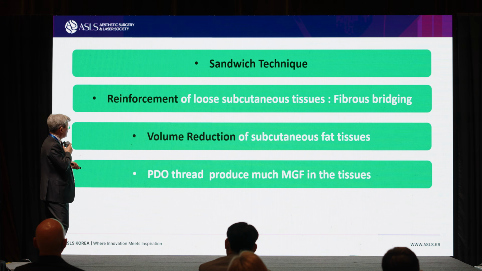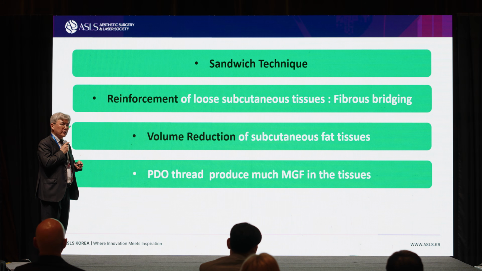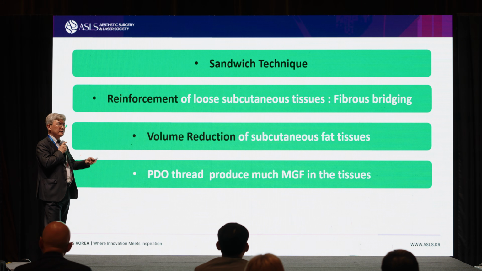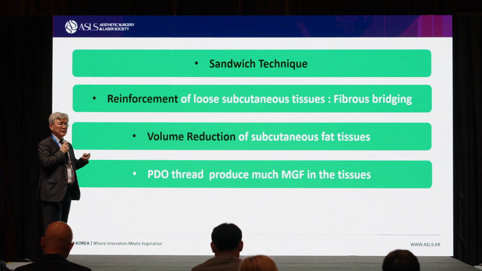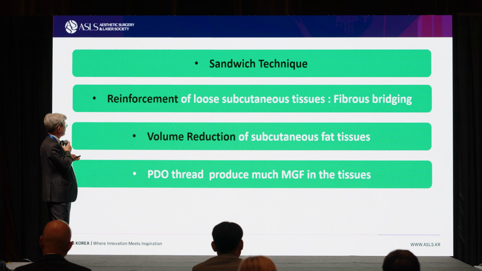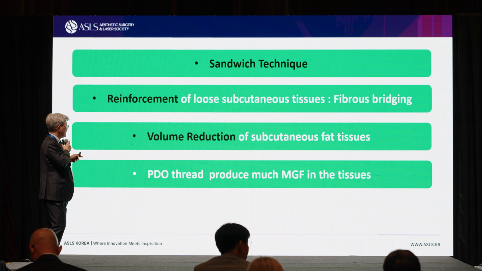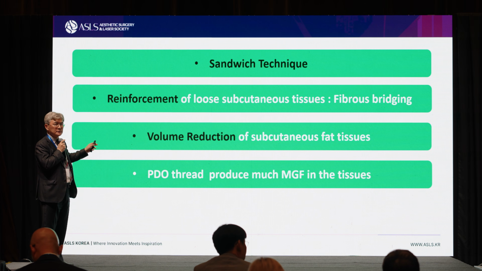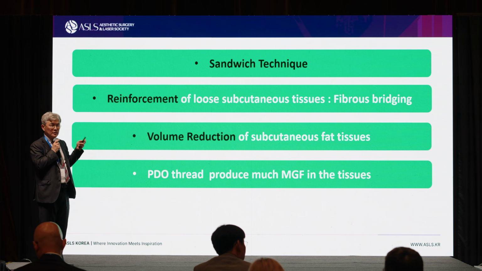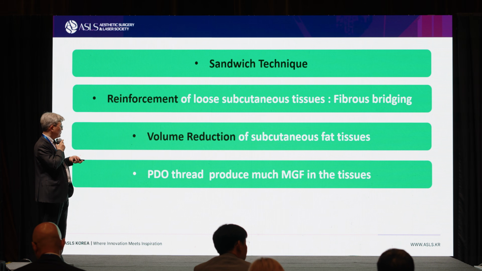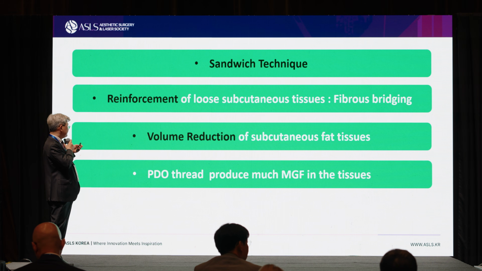So for the aging face, you have to use many combination techniques: sandwich technique, PDO thread, PLLA, EBD, and other machines. You have to reinforce the retinacular cutis using fibrous bridging and reduce the fat volume, especially in the lower malar, jaw, and submandibular areas.